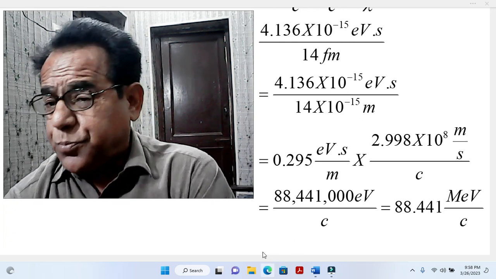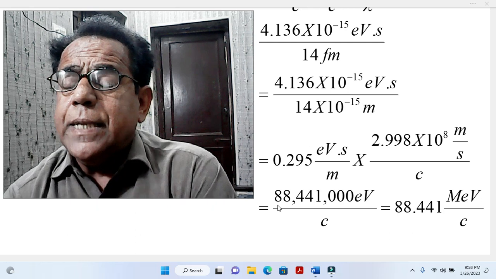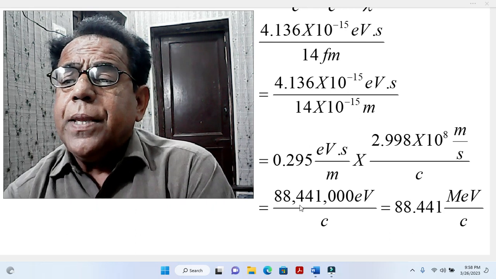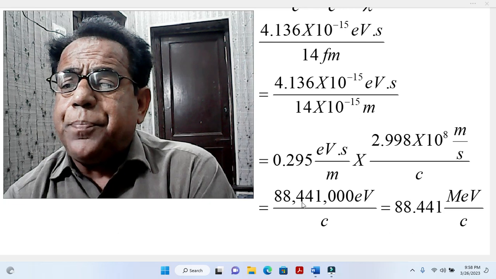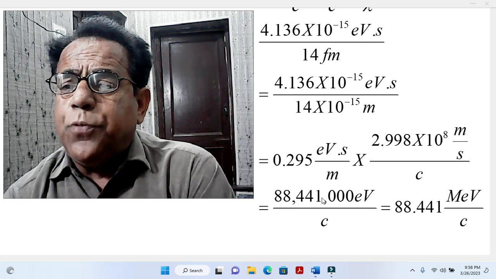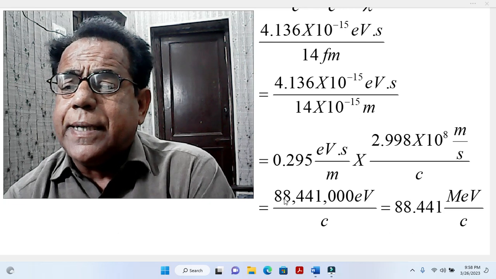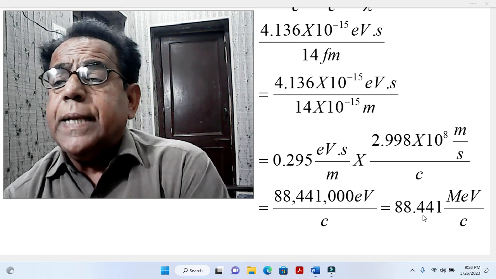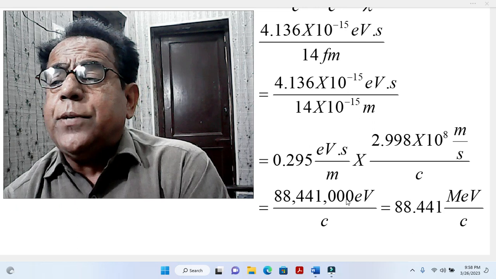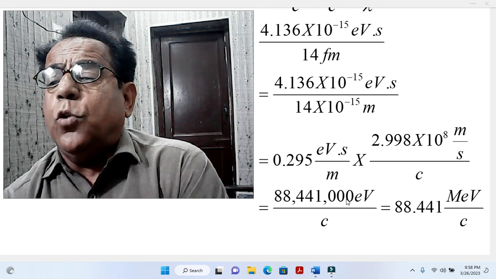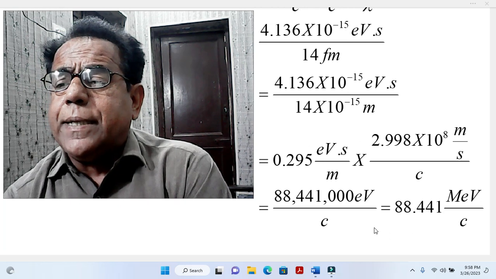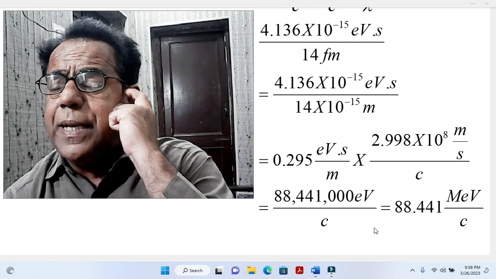Now dear students, this is a very large quantity. If we convert it, counting 1, 2, 3, 4, 5, 6 places, into 88.441, then it will be converted into million electron volt. However, in the denominator, the speed of light c will remain the same.